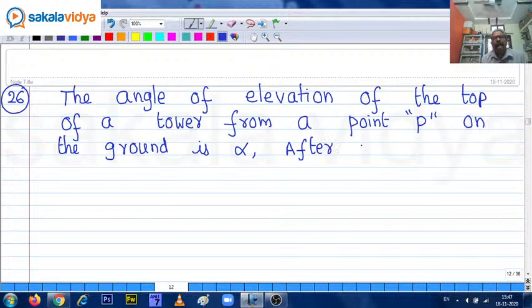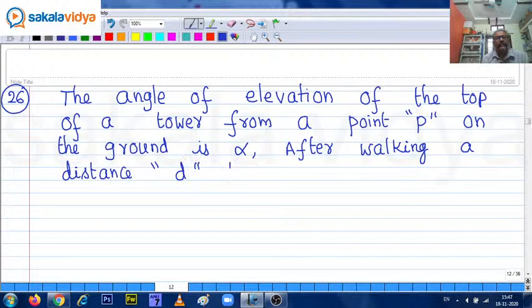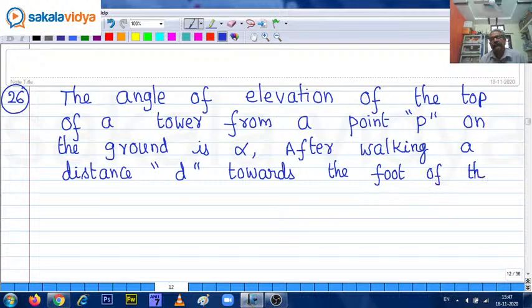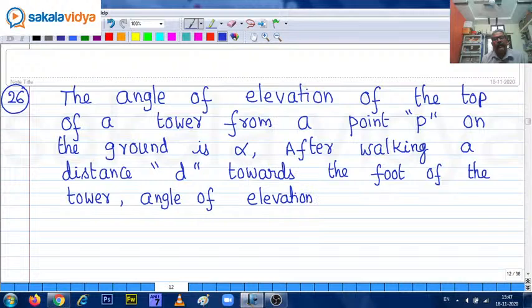After walking a distance d towards the foot of the tower, the angle of elevation is found to be beta.